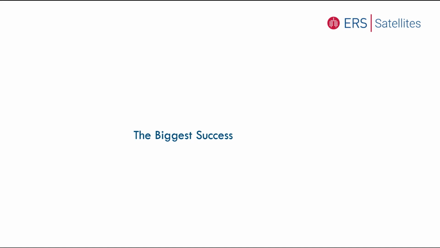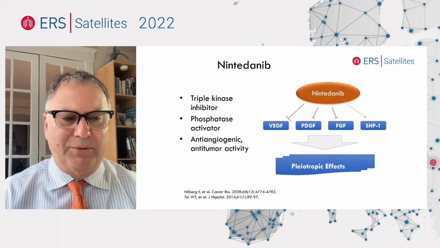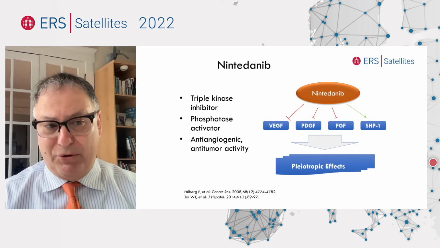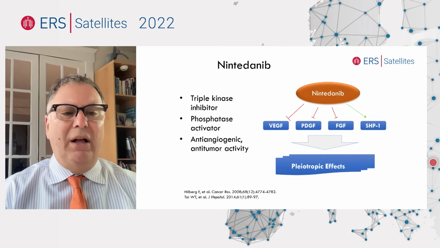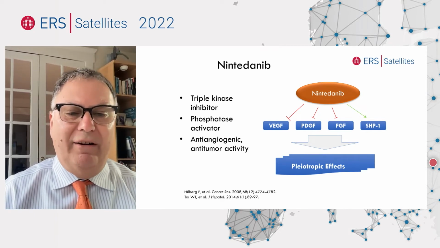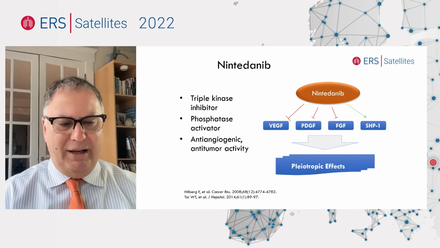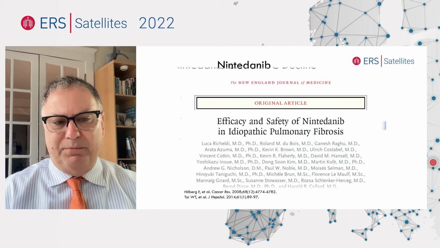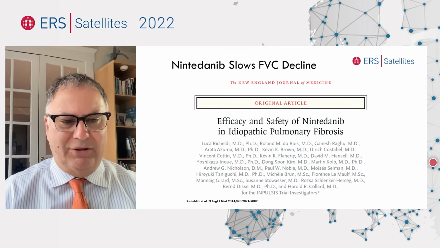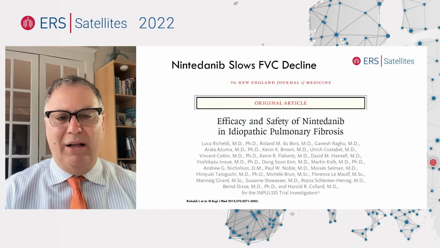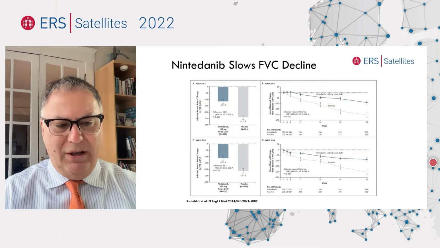Of course, our biggest success is the antifibrotics themselves. Nintedanib, a repurposed drug that was developed for cancer, triple kinase inhibitor, inhibits VEGF, PDGF, FGF, activates phosphatases, has multiple effects. I remember the excitement when we started seeing these results and when this paper came out on the efficacy and safety of nintedanib with Luca Richeldi as the first author.